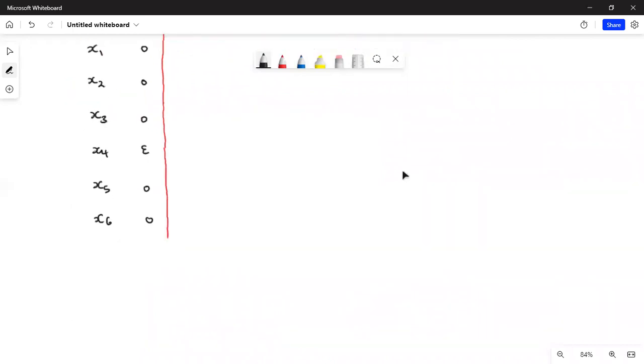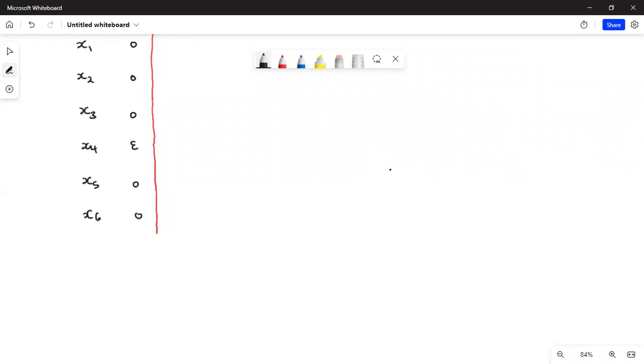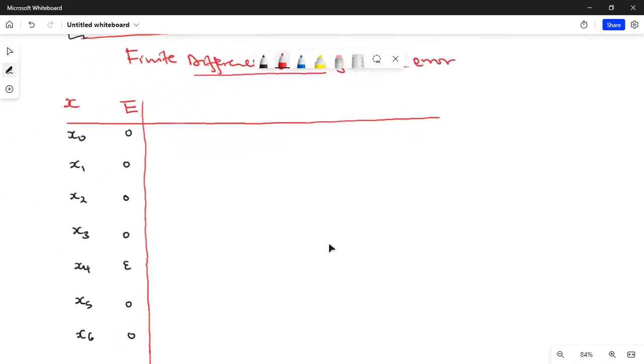We still have two more. x7, 0, and x8, 0. So I'll extend this. So, as usual, let's come up with the differences, the higher order differences.